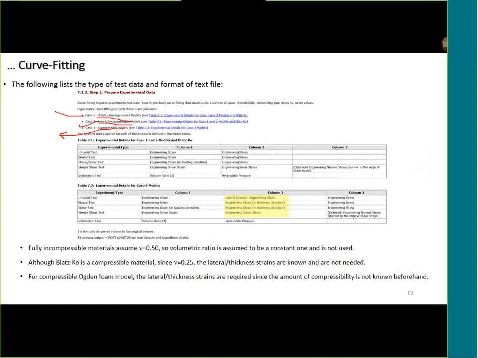Then once you classify what type of material it is, for case 1 and case 2, you need test data in uniaxial tension, biaxial tension, shear, either any one of the modes, if not the two, and the volumetric test data. For all these, the stress strain curve has to be engineering stress and engineering strain.